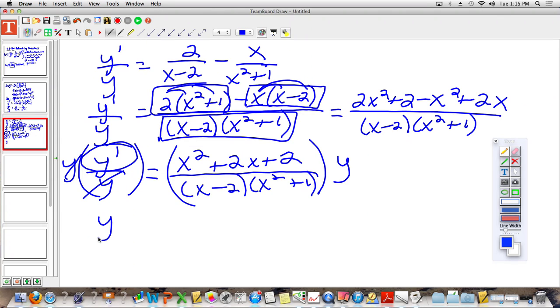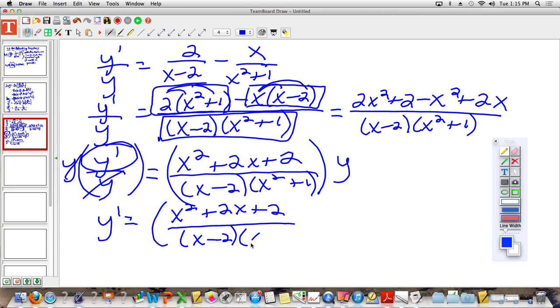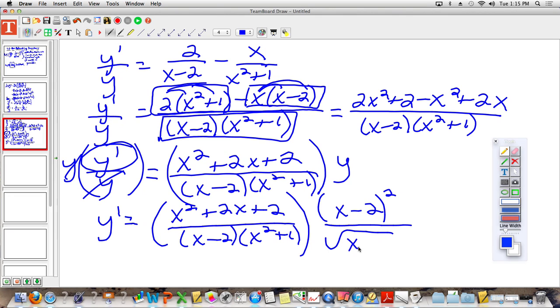So I have the derivative of y is equal to x squared plus 2x plus 2 all over x minus 2 times x squared plus 1, times y. And y is x minus 2 squared over the square root of x squared plus 1.